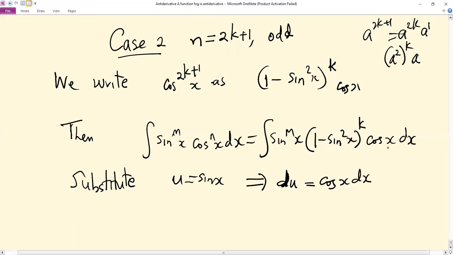So this part will be taken by du, and where there is sine you put u, and therefore this will just be a normal power rule problem.